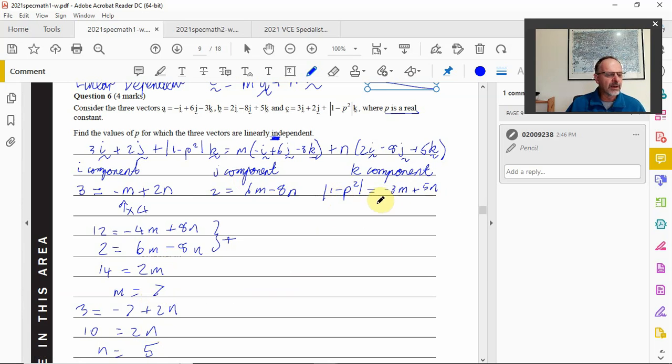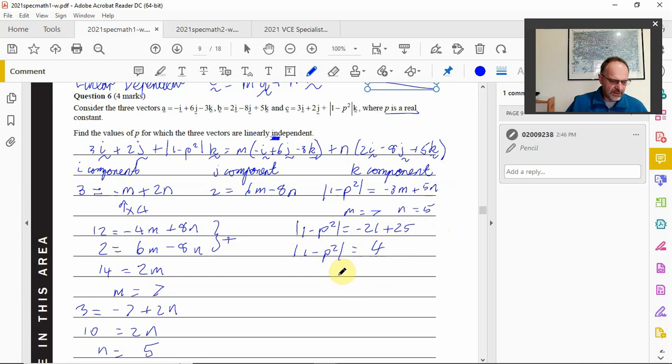Now with our k component, if I'm putting m equals 7 and n equals 5 in there, then I find that the magnitude of 1 minus p squared would be negative 3 times 7, which is negative 21, plus 5 times 5, which is 25. So the magnitude of 1 minus p squared would be equal to 4.